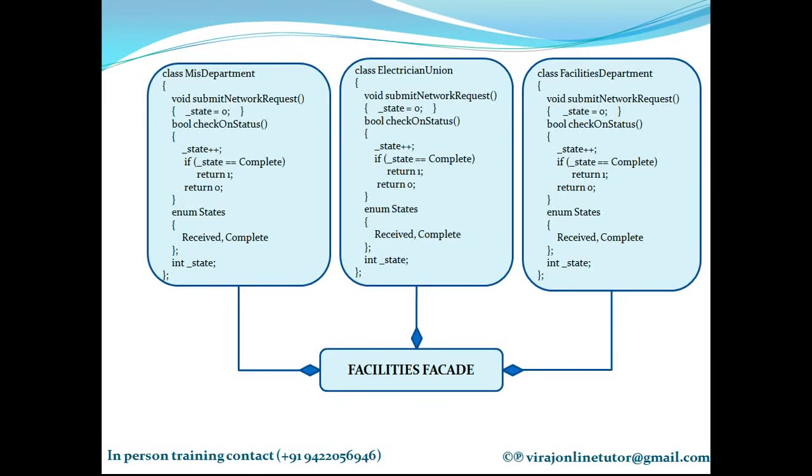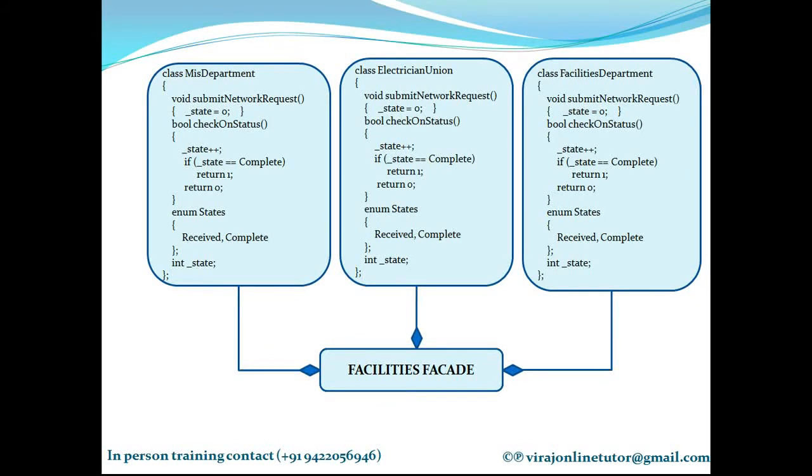So facade can be of three types. Transparent. A transparent facade is one in which the clients choose to use the classes through the facade for easy implementation, or directly.